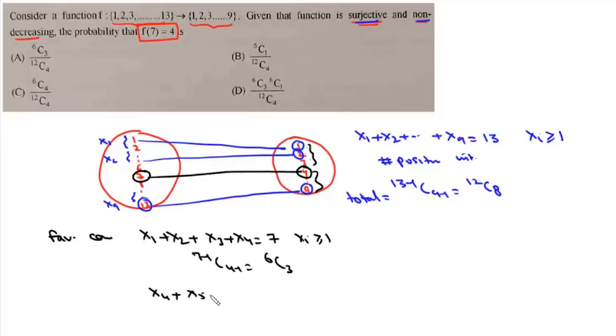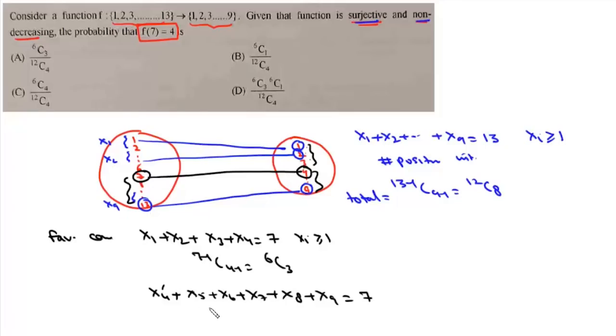x4' plus x5 plus x6 plus x7 plus x8 plus x9, and that will be equal to 7, and here we will take this as x4' because we are talking about all the images of 4 from 7 to 13.